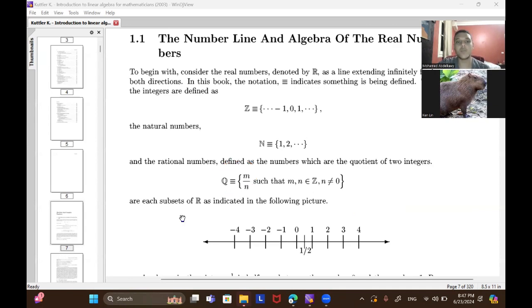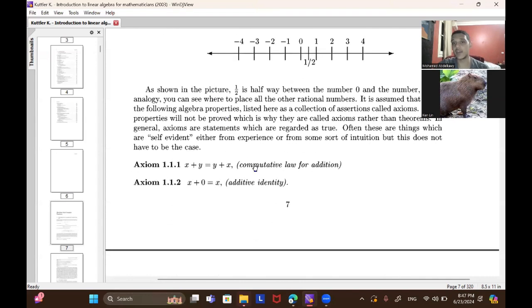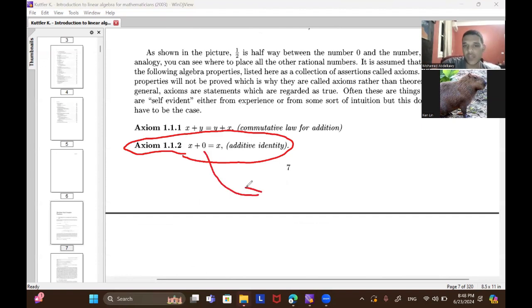But when we start learning about axioms, here is how we know. For example, the additive identity is basically what we just used to understand that 0 is less than 1. Look at axiom 1.1.2. If we add anything to 0, we just get x.